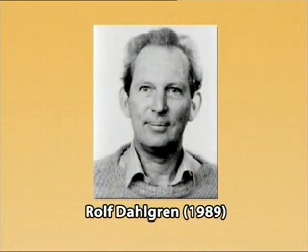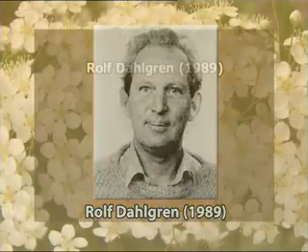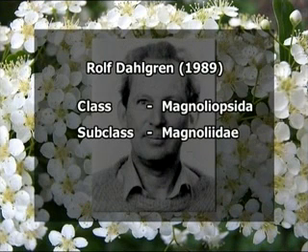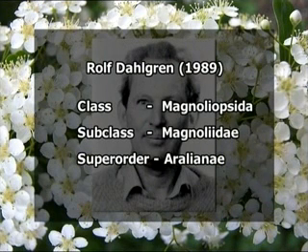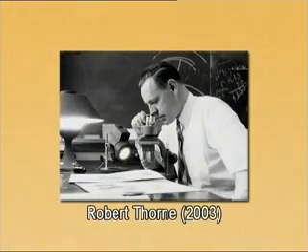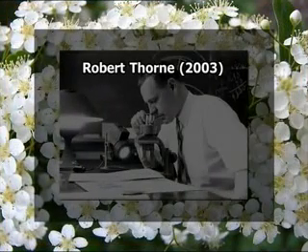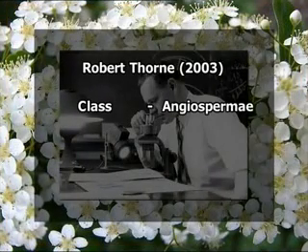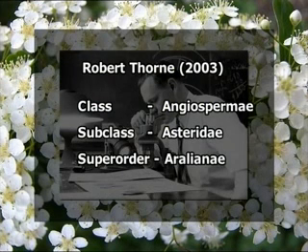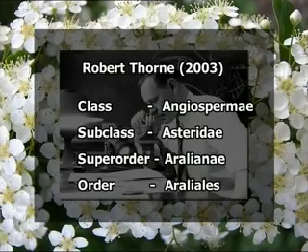Dahlgren also gave a classification of angiosperms. Under his classification, the family Apiaceae has been recognized under the class Magnoliopsida, subclass Magnoliidae, superorder Araliiflorae, and the order Araliales. Robert Thorne gave a classification under which the family Apiaceae belongs to class Angiospermae, subclass Asteridae, superorder Araliiflorae, and the order Araliales.